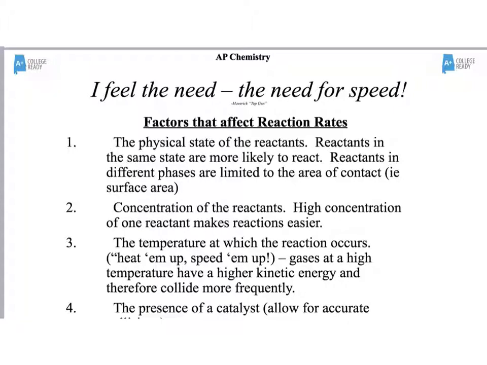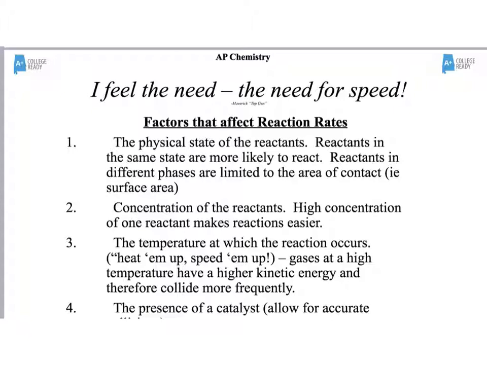So high concentration of one reactant makes reactions easier because you're more likely to have collisions. The temperature at which the reaction occurs, because if you're at a higher temperature, the reactants are going to be moving faster, which means they're more likely to have collisions.